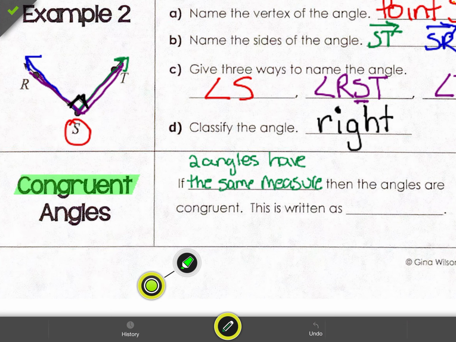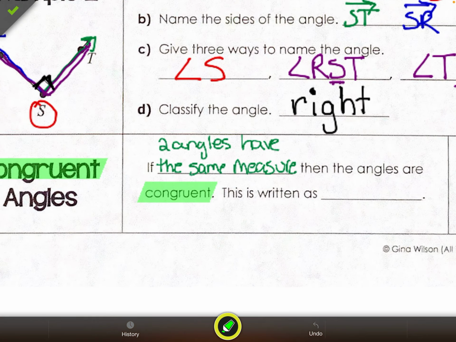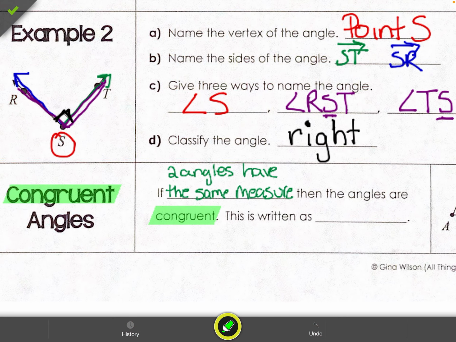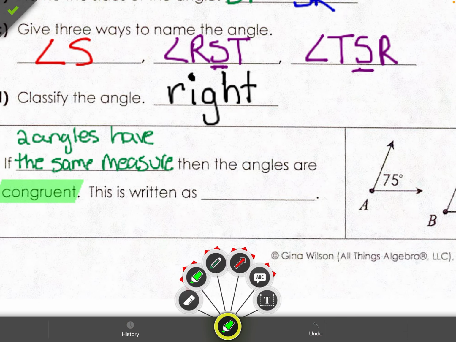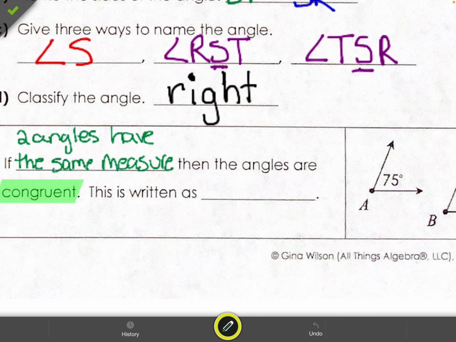And again, you'll see we're going to have congruent triangles, we can have congruent segments, congruent three-dimensional shapes. So for angles, if they have the same measure, then they're congruent. The symbol for congruent looks like an equal sign, but then we put this little squiggly above it.